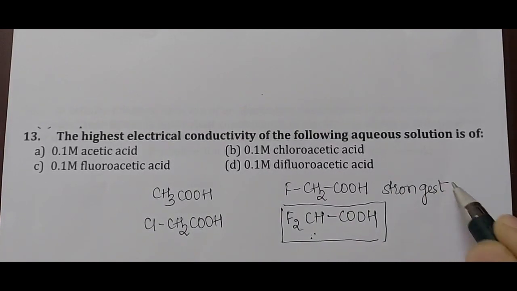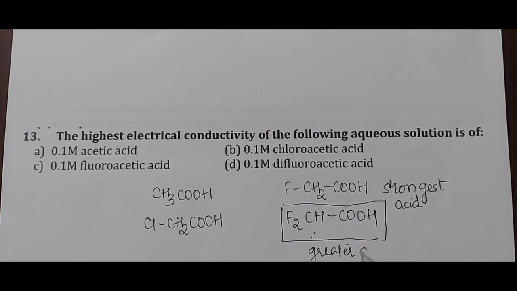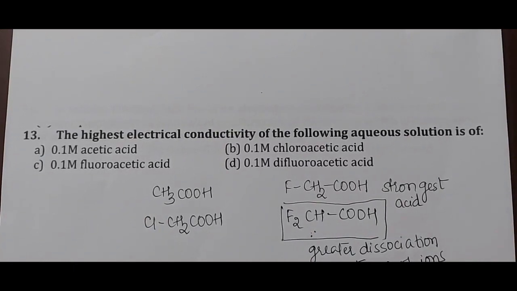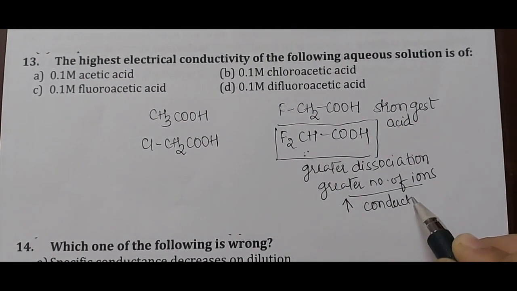And in first PU, in the lesson chemical equilibrium, you have already studied that a stronger acid will have greater dissociation or greater ionization, and the greater the dissociation, the greater the number of ions in solution, and the greater the number of ions in solution, the greater is the conductivity.